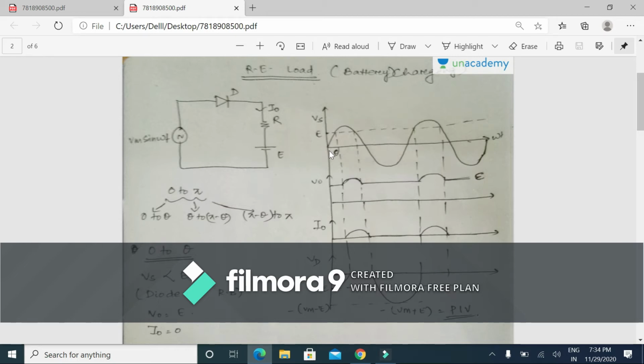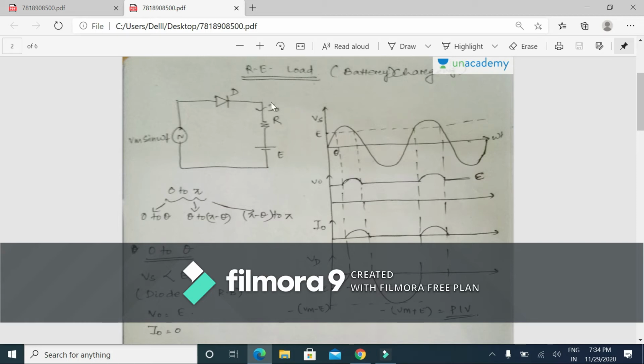Since from 0 to theta, diode is not conducting, there will be no current. That means this is open circuit. There will be no current I naught, and accordingly the voltage V naught across this RE load will be equal to this EMF, because this is open circuit.